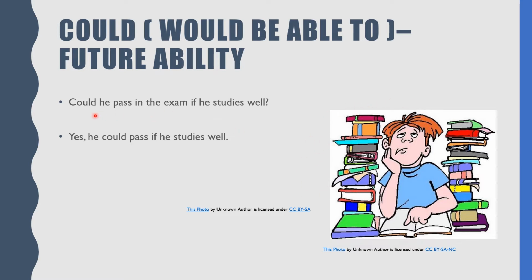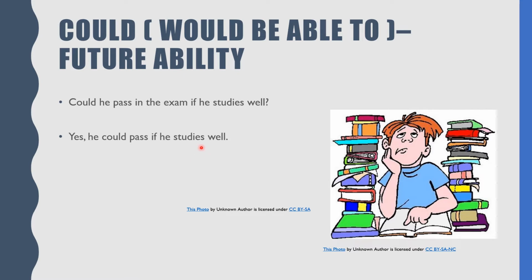The question is, could he pass the exam if he studies well? Which means, would he be able to pass the exam if he studies well? The answer is yes, he could pass if he studies well, which means yes, he would be able to pass the exam if he studies well.